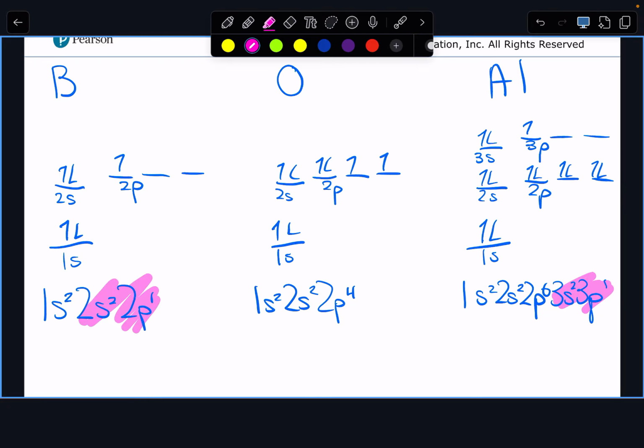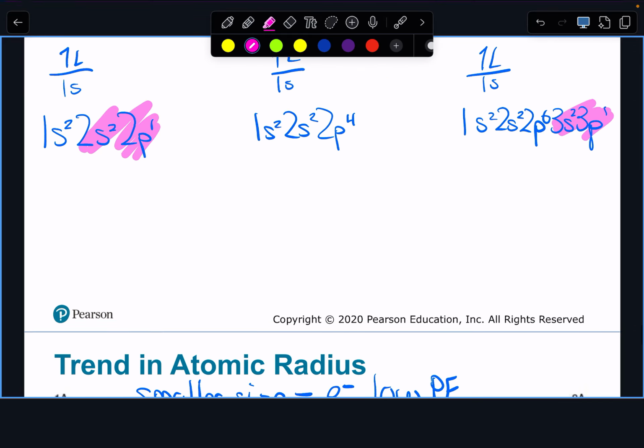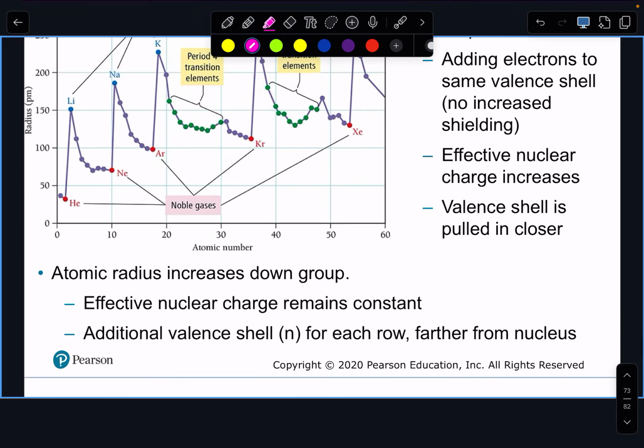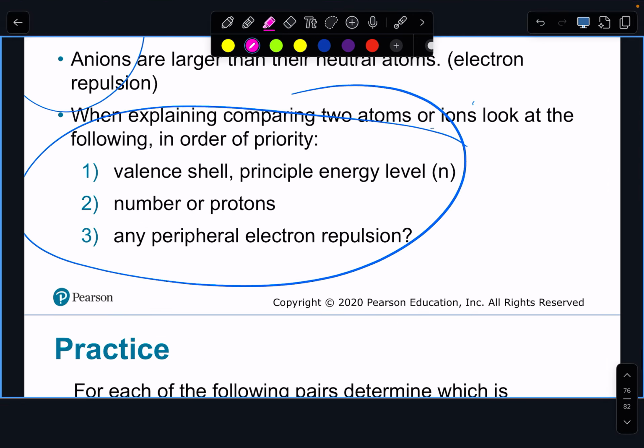Okay, so when we look at these, size, the best thing you want to think about with size, and that's very related to ionization energy, we'll talk about it in a second, but you want to think about the 3, now this involves Z effective, but it's a little bit more detailed. You want to think about these 3 rules. I'm going to show you where they are, and then we'll come back to them.